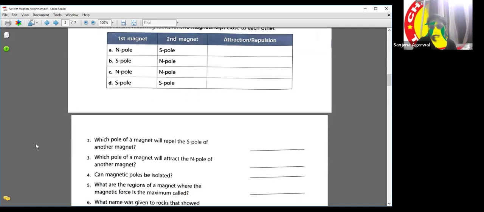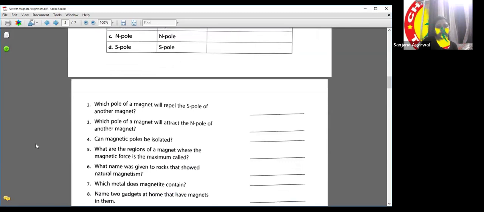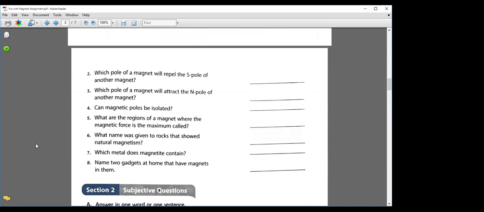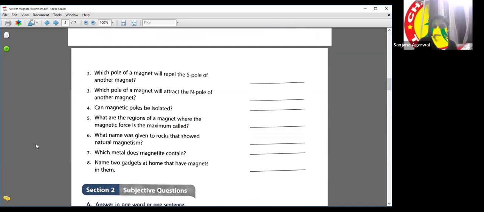Harshit, Neha, fourth. Can magnetic poles be isolated? Bhavesh? No, I think no. What do you others think, Harshit and Neha?